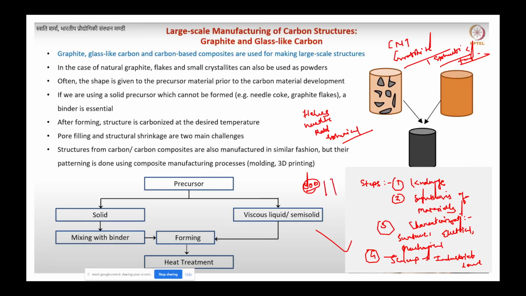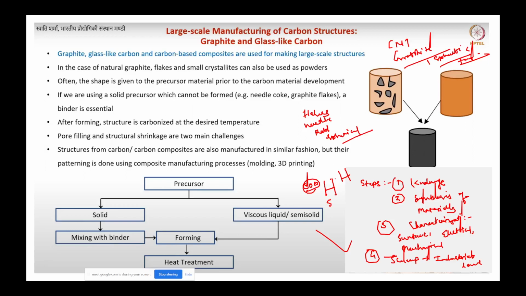Suppose this is your material, and it has a thickness of, let's say, 5 centimeter, but due to certain reasons it will shrink and its thickness will reduce, from 5 centimeter to around 4 to 4.5 centimeter. So these are the main challenges.